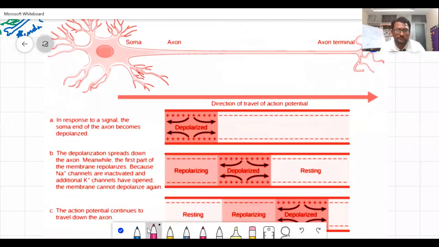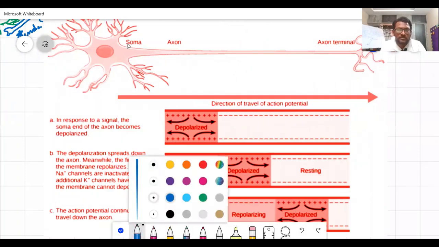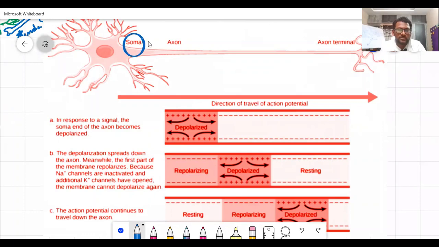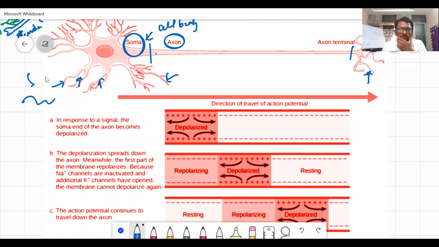So as I told, the soma of the neuron is nothing but the cell body. And the axon is from here to here, the axon terminal, and we have synapses here. These are dendrites. So the electric impulse would start when chemicals interact or when it gets the stimulus.